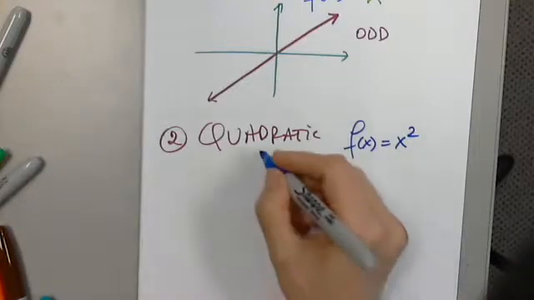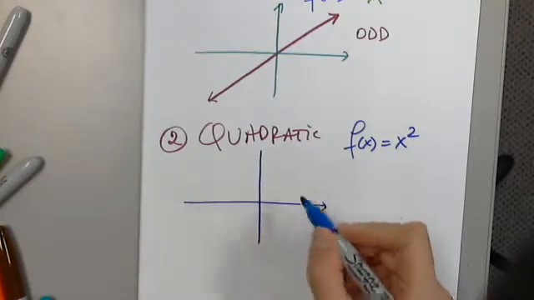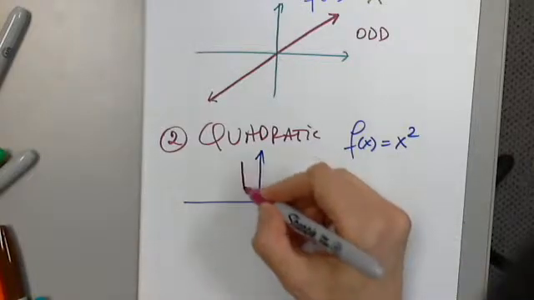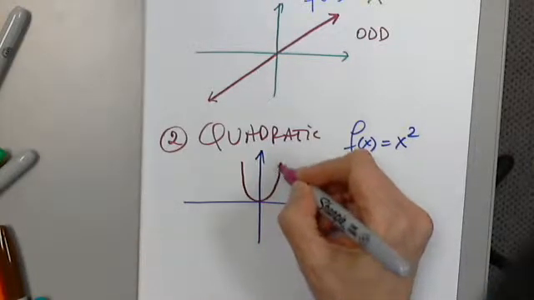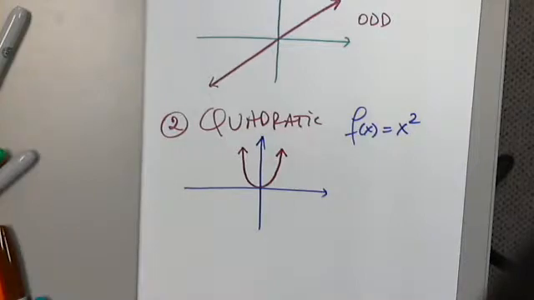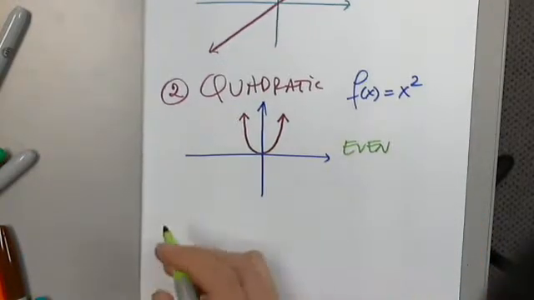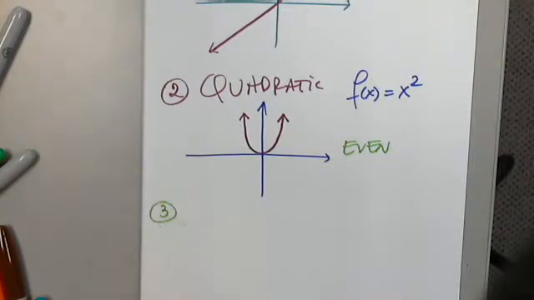But for now, we did use it before, and this is the graph of x squared. Odd, even, or none of the above. Do you all agree with even? Perfect, awesome. Please ask questions, any questions you want.